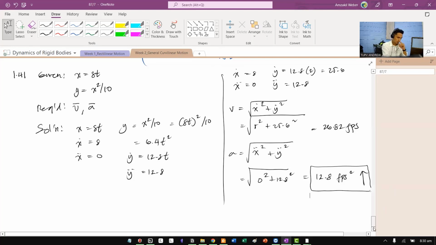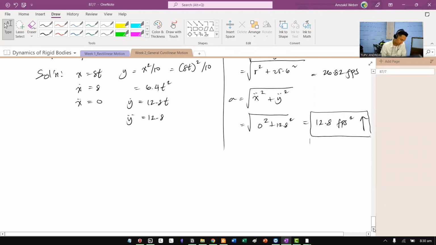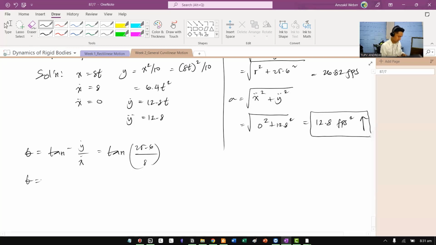For velocity, we need some trigonometry. How many y? 25.6 divided by 8. So the angle is 72.65.